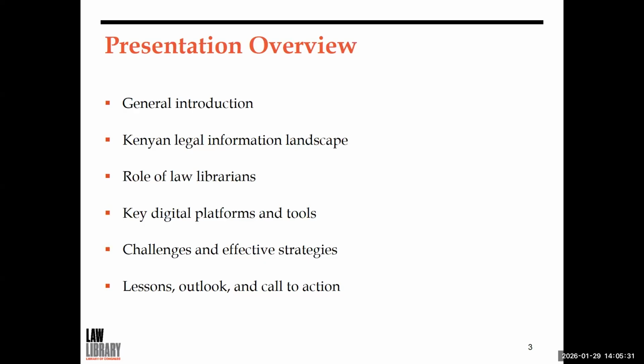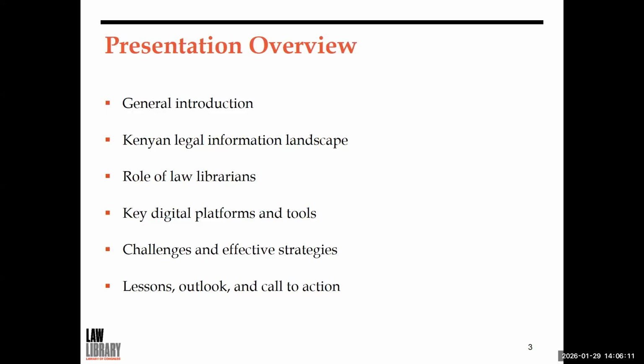Kenyan legal information landscape: I'm going to look at the structures, institutions, sources, and platforms through which this information is created here in the country, published, accessed, and used. Some of the authoritative legal information sources include the Constitution of Kenya, 2010, and case law, judicial decisions from superior courts, including the Supreme Court, Court of Appeal, High Court, and specialized courts.